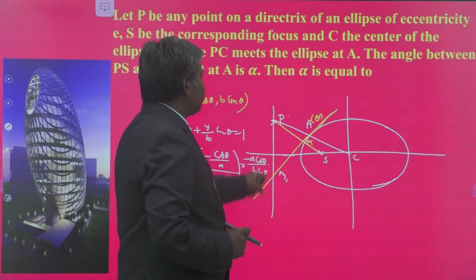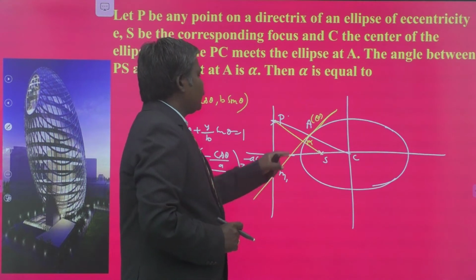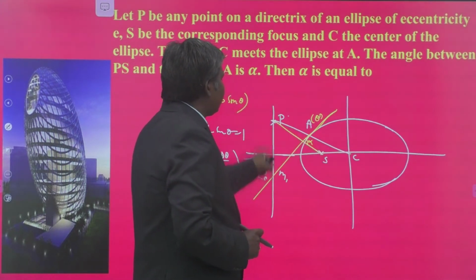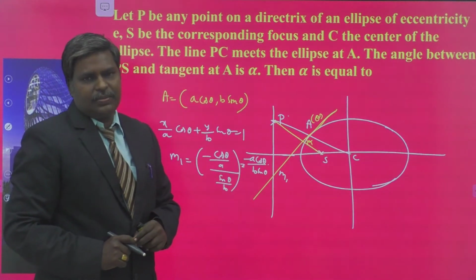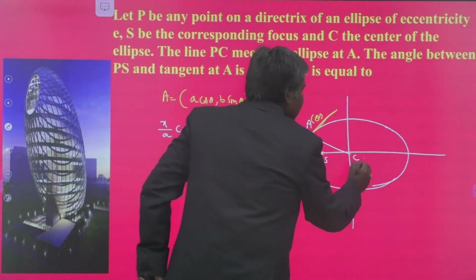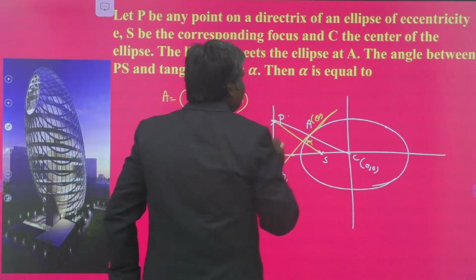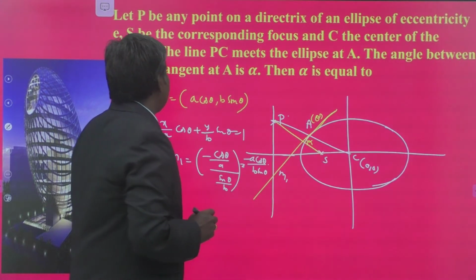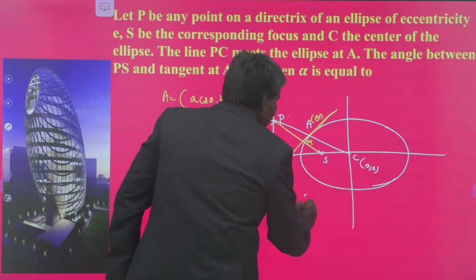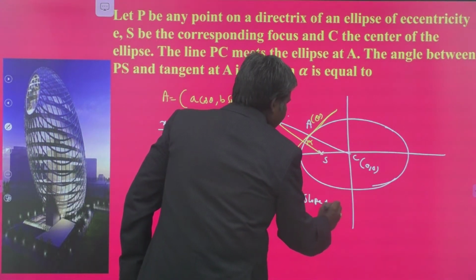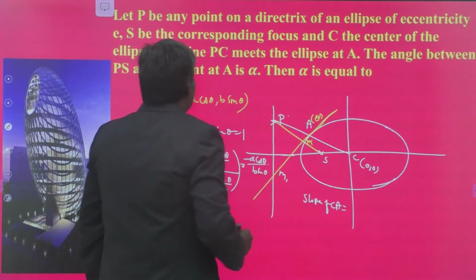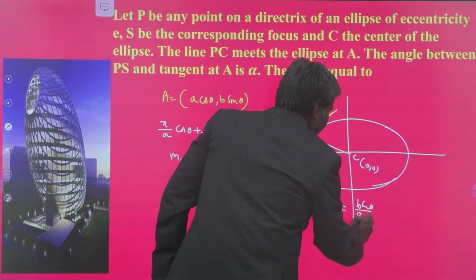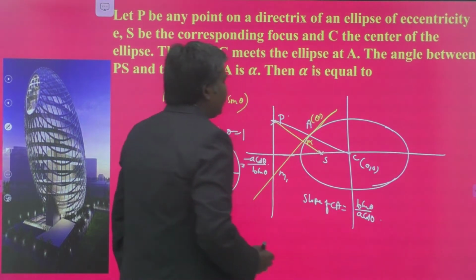Next, how to obtain P? By finding the line joining A to C and solving with the directrix. The coordinates of C are 0, 0 and of A are a cos theta, b sin theta. The slope of CA is b sin theta by a cos theta.